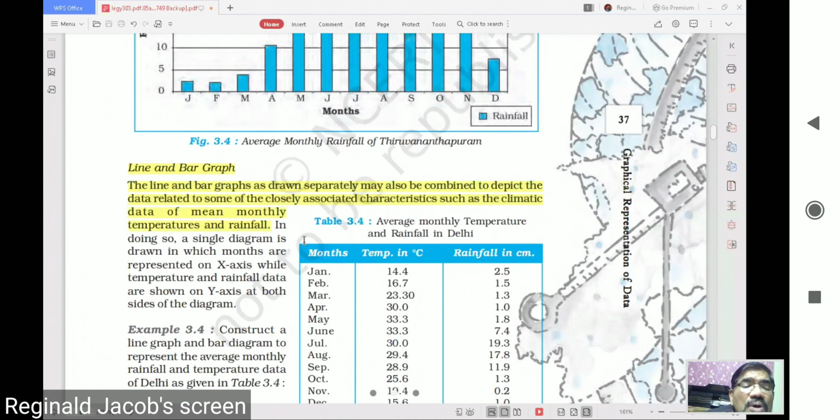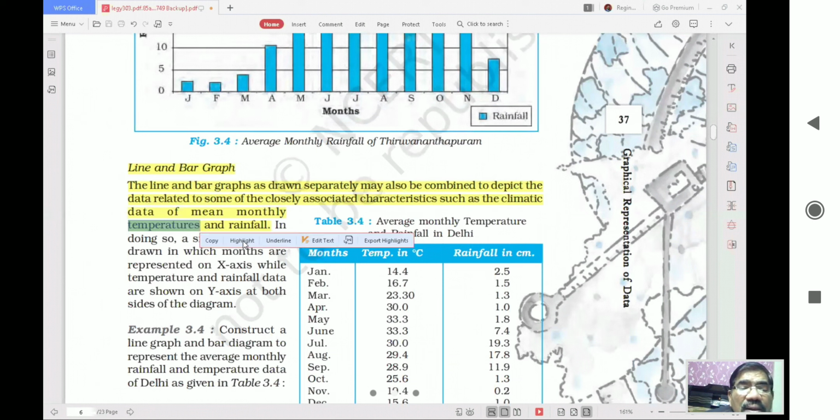So what does the line show? If you see, the temperatures are shown by the line, and the bars show the rainfall. Right.